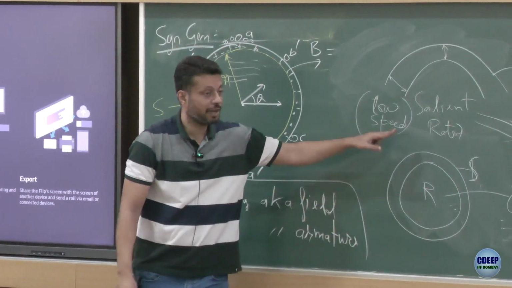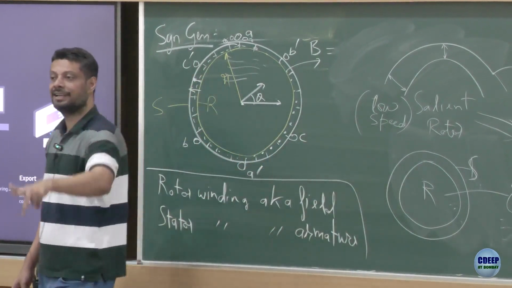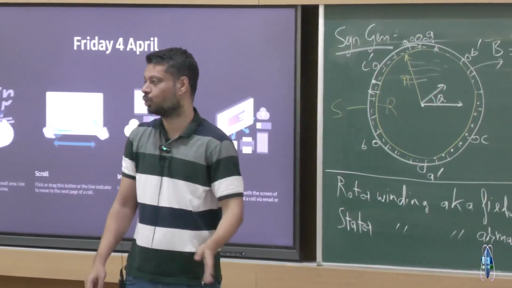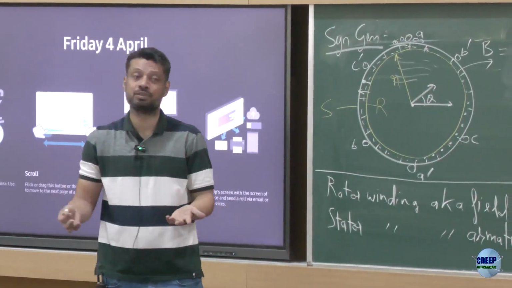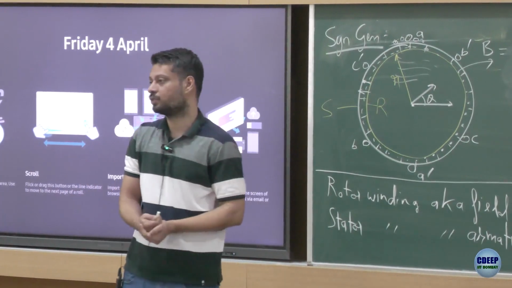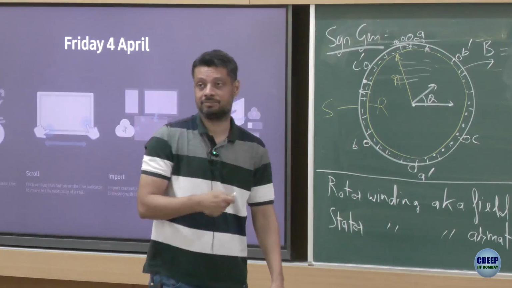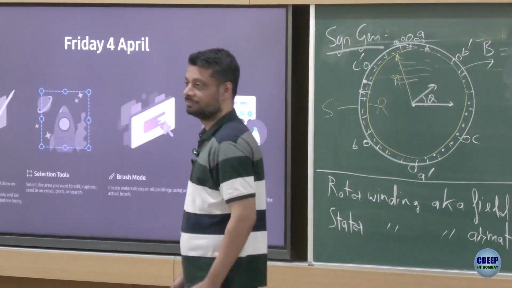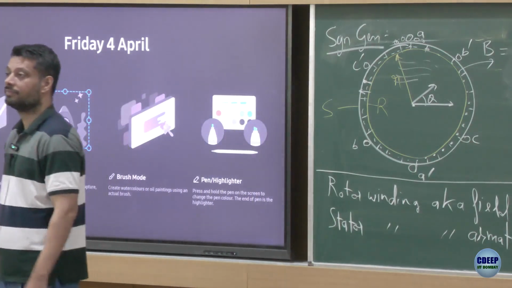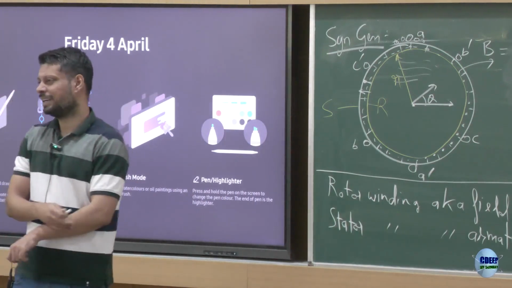Now the question is, if you have both perfectly cylindrical, then the air gap is uniform throughout. Then how do you produce sinusoidal flux distribution? We have to work with different winding formation.